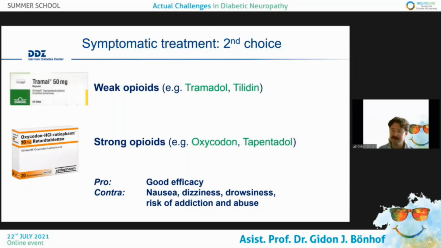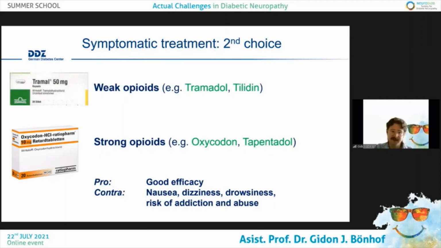The advantages of opioids are good efficacy against pain, especially against pain that is influenced not only by diabetic neuropathy, but also by, for example, slipped discs or spinal canal stenosis.